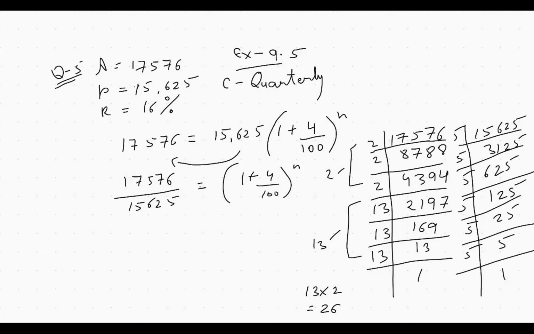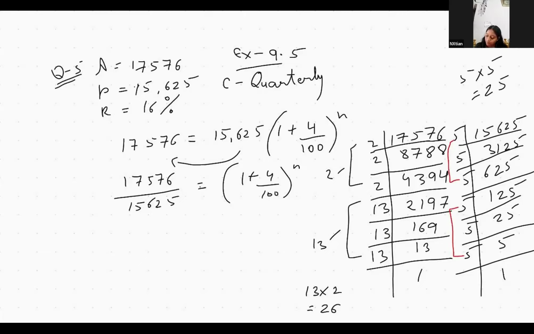So here, this is also a cubic number. I can make 5, 5, 5 and 5, 5, 5. So 1 5 from this group and 1 5 from that group. That is 5 into 5, 25. Okay, so the cube root of 17576 is 26, and the cube root of 15625 is 25.